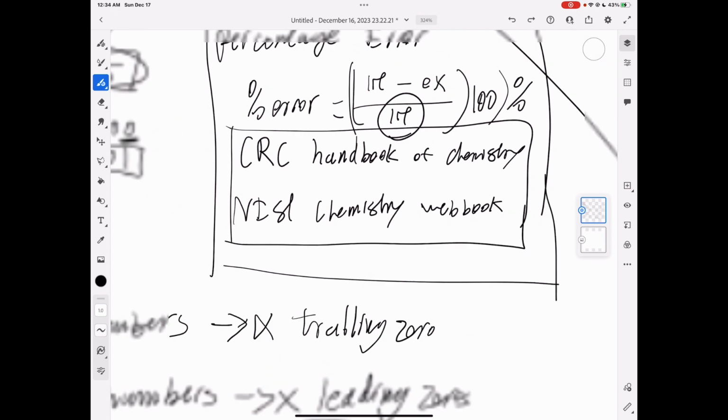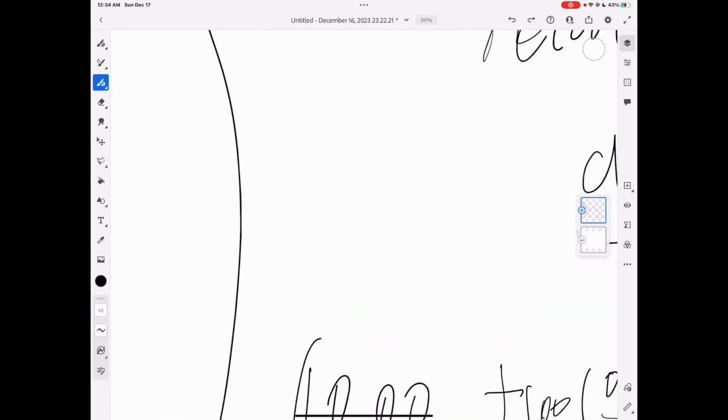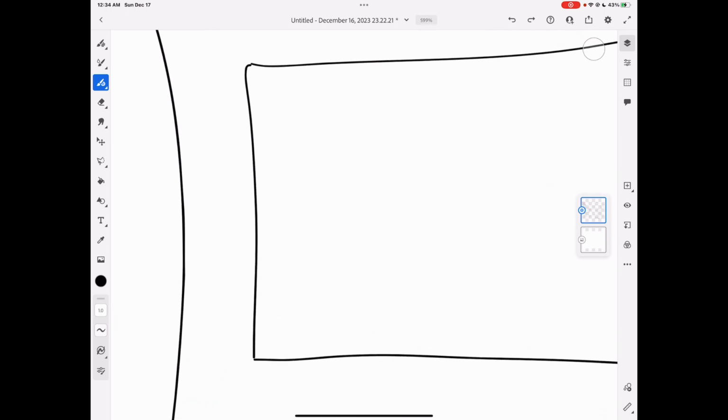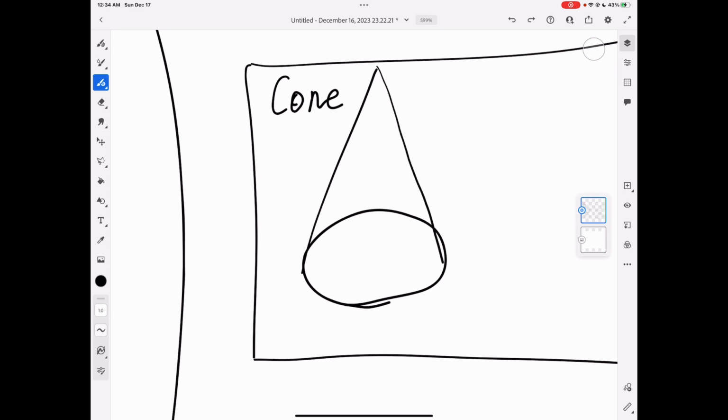maybe using all of the lessons learned, here is the problem for you to solve at home. So let's say there's a cone. Let's say, since this is HL chemistry, let's make this a bit harder. Let's say the radius of this cone is maybe like 5, plus or minus 0.5 millimeters.